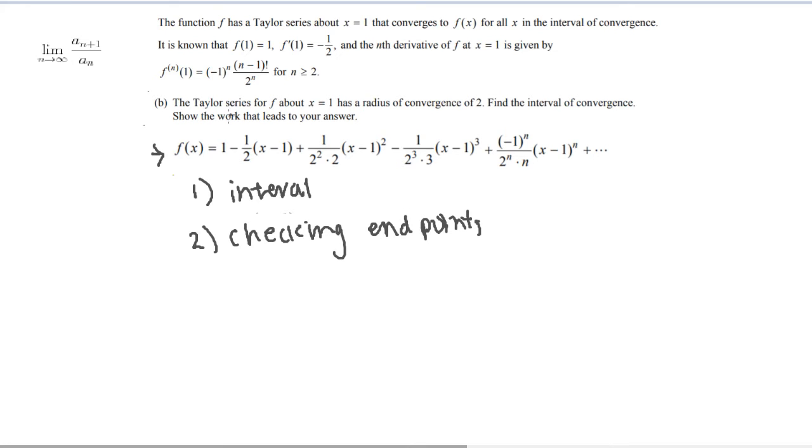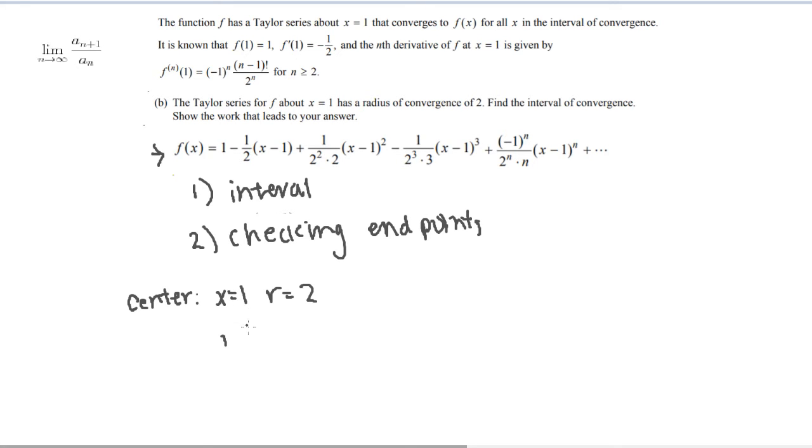Because the problem says Taylor series for f about x equals 1, the center will be x equals 1, and it has a radius of convergence of 2. The way to find the interval is by adding and subtracting the radius to the center.